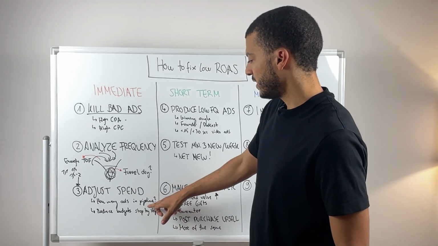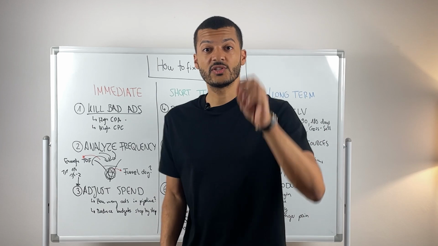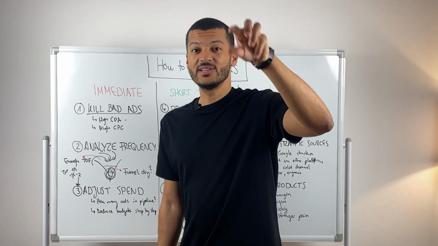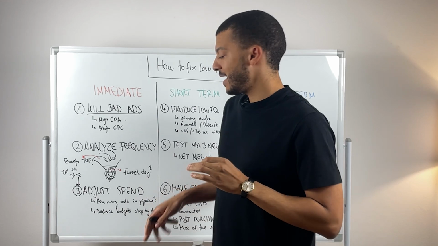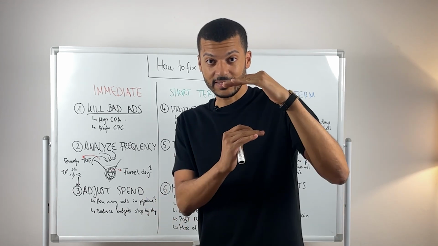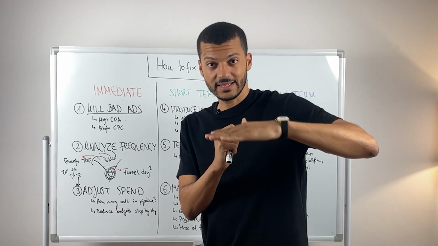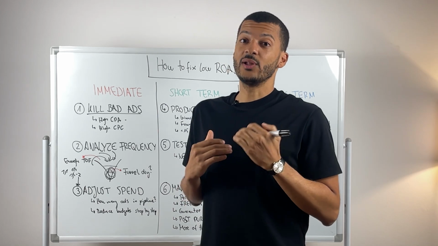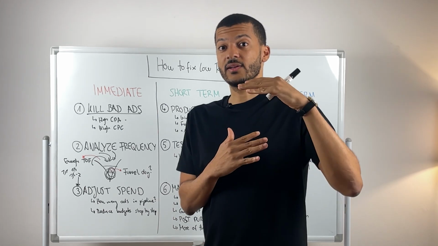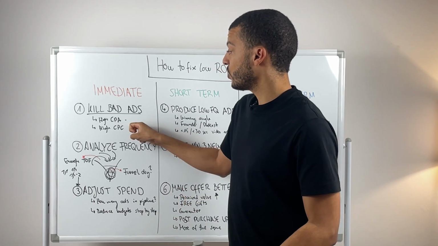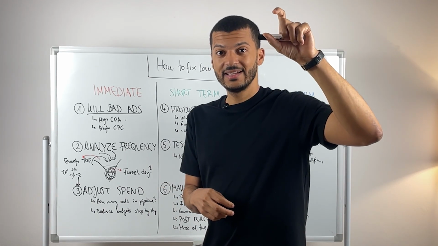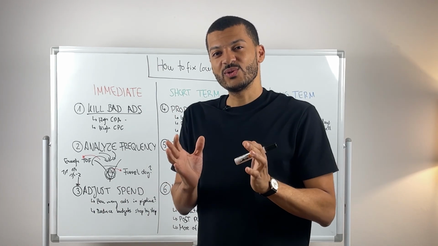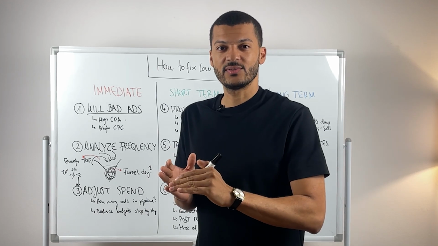Okay, so another thing that I look at before I jump into the budget column and just slash the budget is I want to understand how many ads I have in the pipeline, meaning basically in my testing campaign. If I have a lot of ads and they haven't gotten a lot of spend yet, and I just turned off some of the high spending, non-performing ads, then I don't really want to reduce the budget drastically.